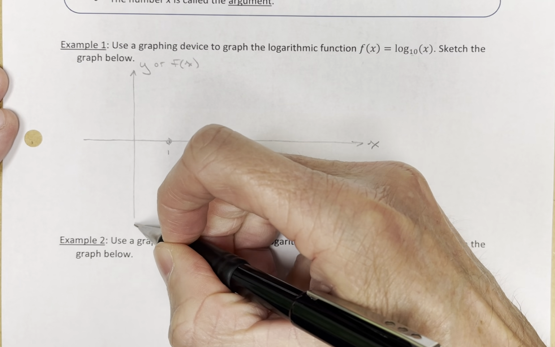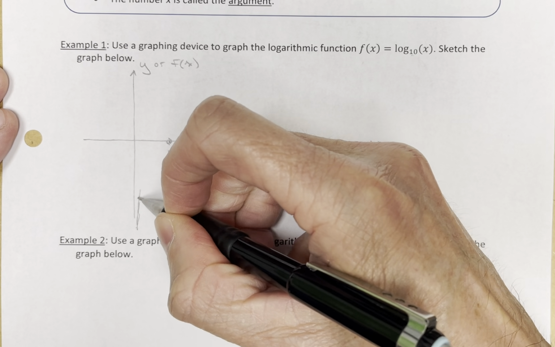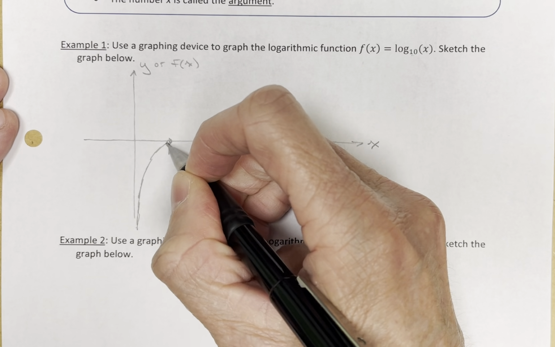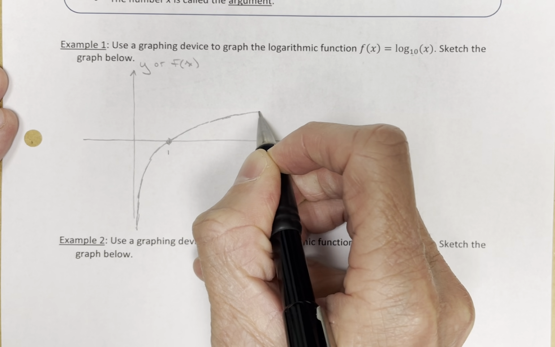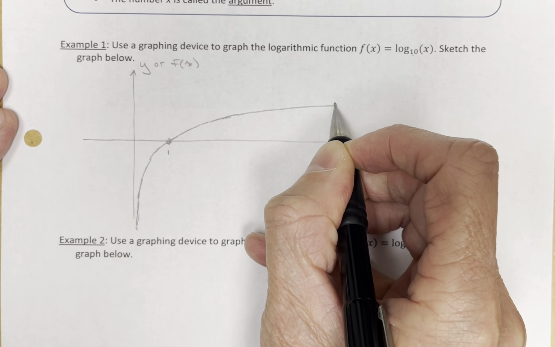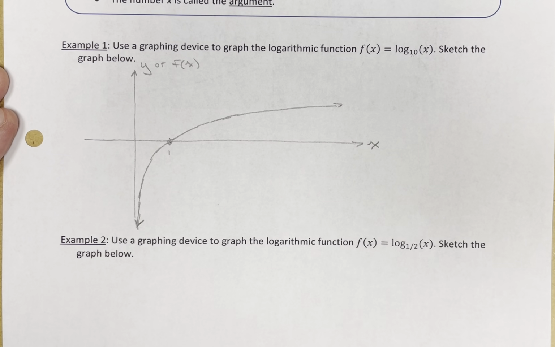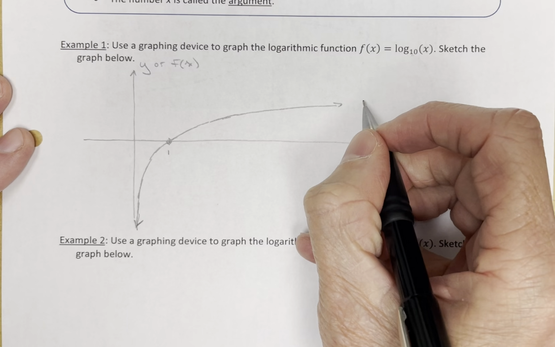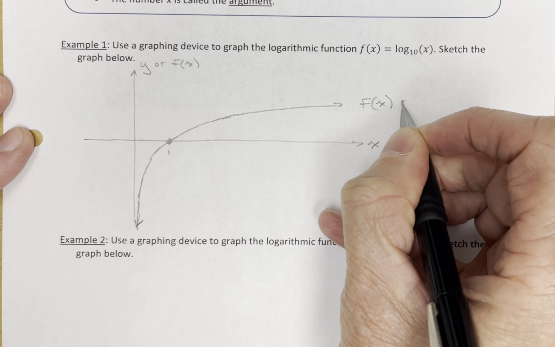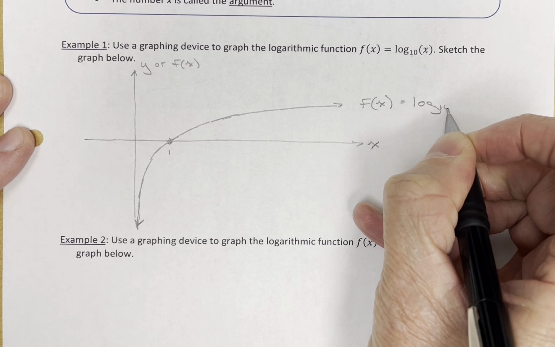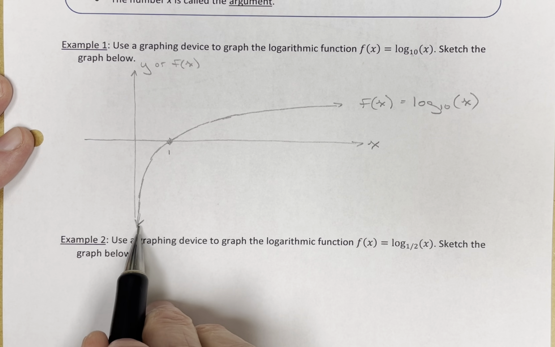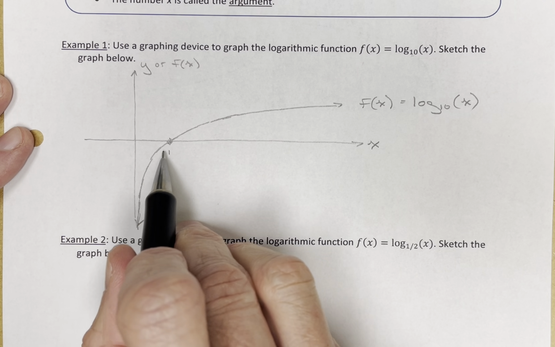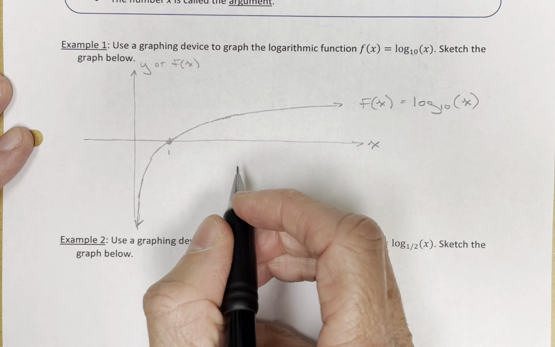And what happened was it's really coming up quickly, but it hits 1, and then it still grows, but the growth is slower and slower. So this is the graph of f of x is equal to the log base 10 of x. Again, rapid growth at the beginning, but it's growing slower and slower.